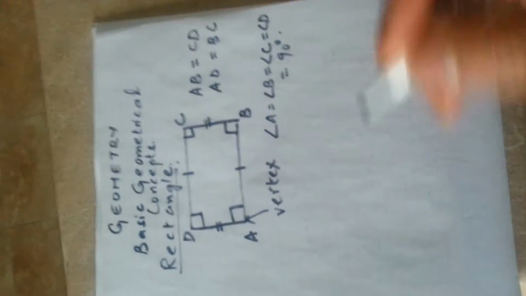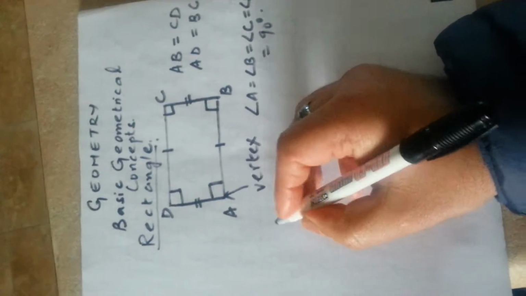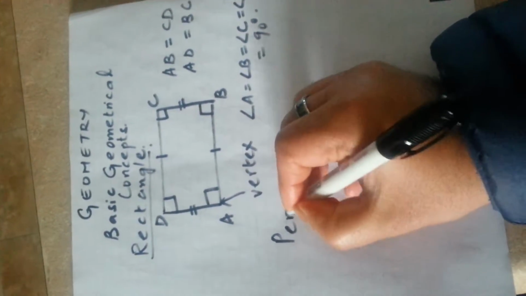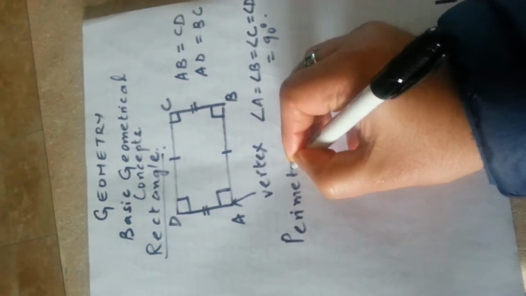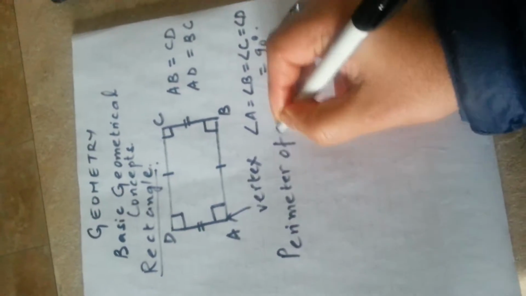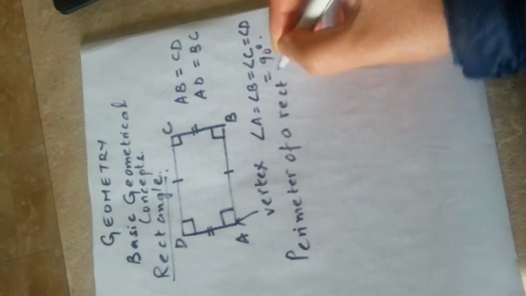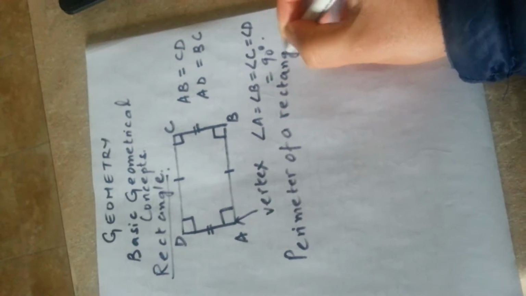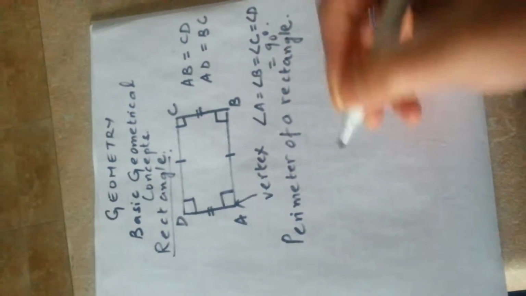Now the other concept is, let us talk about the perimeter of a rectangle. So what do you mean by a perimeter?